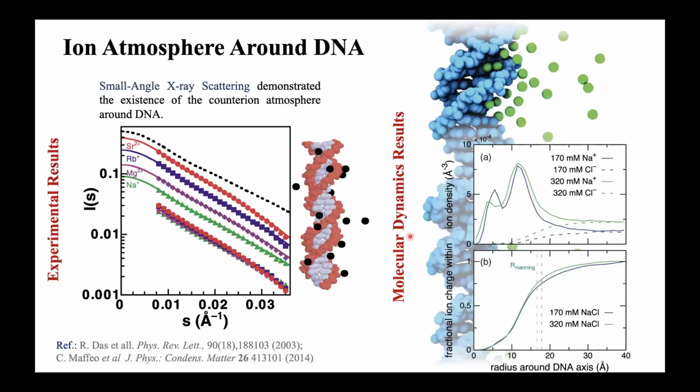So when we are studying the structuring and dynamics of water around DNA, it's also important to take into account the ions that are present around the double helix. As I mentioned before, an ion cloud is formed around the DNA.